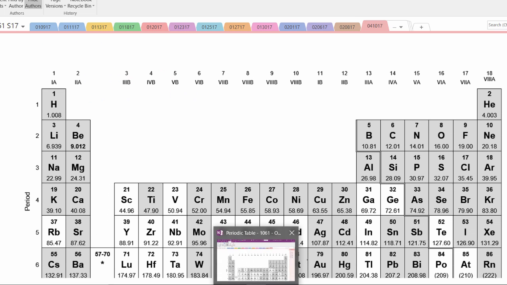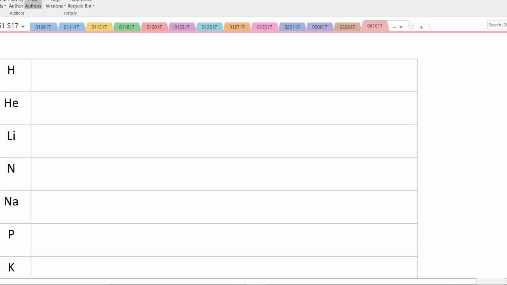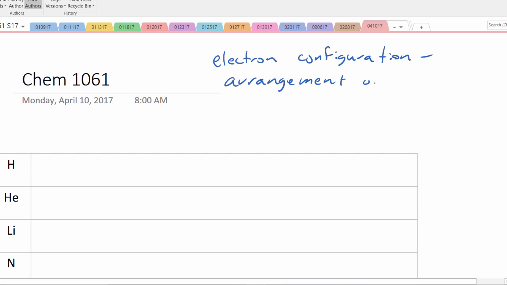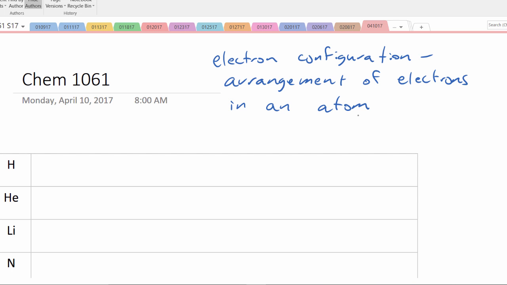And we are going to write out here what are called electron configurations. The electron configuration represents the arrangement of electrons in an atom. And ultimately, this arrangement of electrons is going to help us determine why elements combine the way they do.